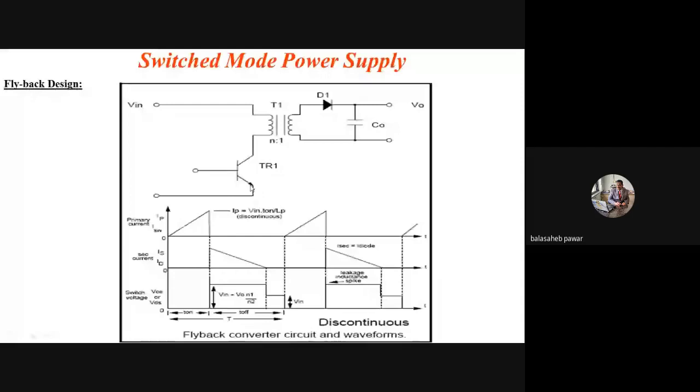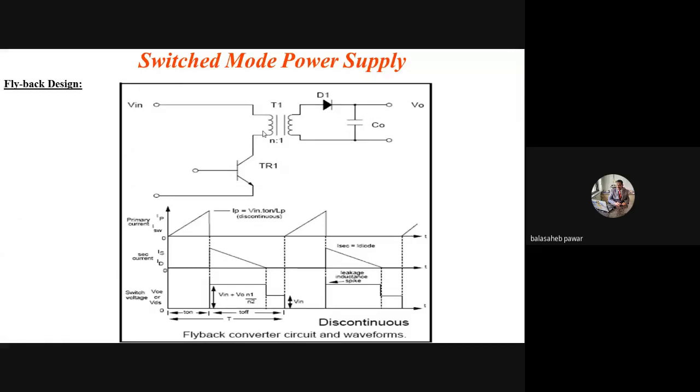Now there will be a base signal generator or PWM generator applied to this base terminal, and whenever this transistor switches from on to off and off to on, there will be a flow of current through the primary of this transformer. As there are windings, the winding works as an inductor, right?